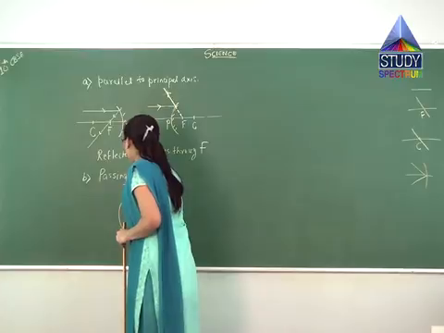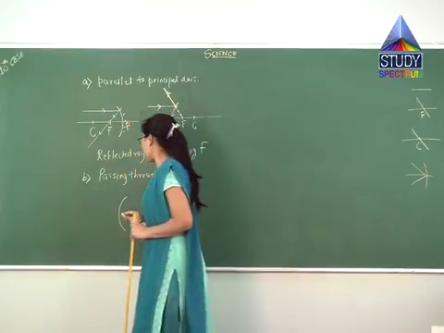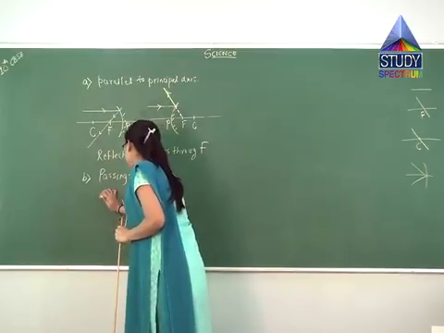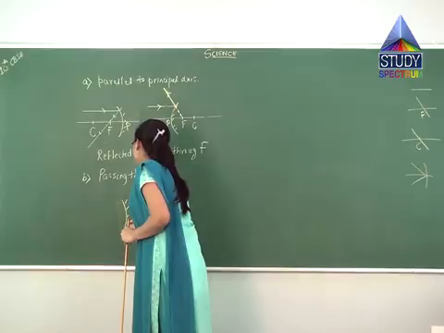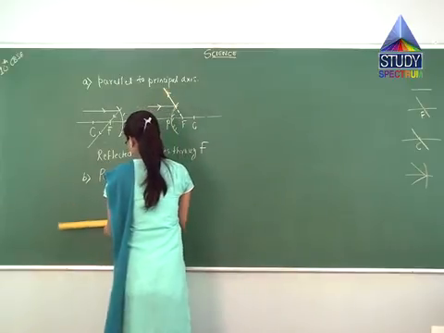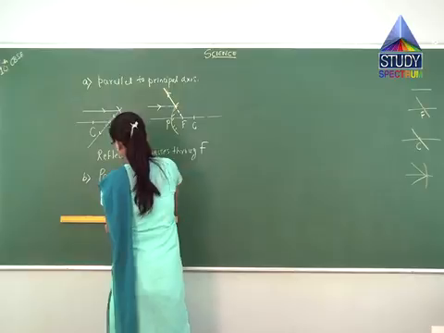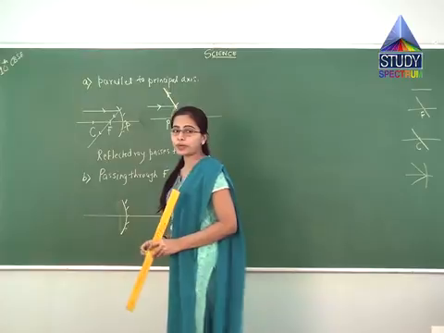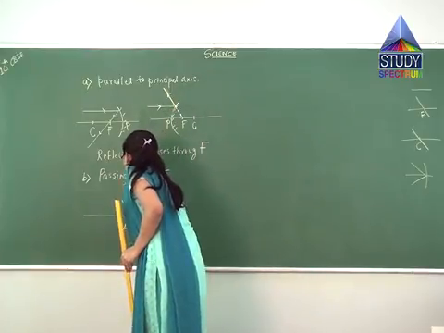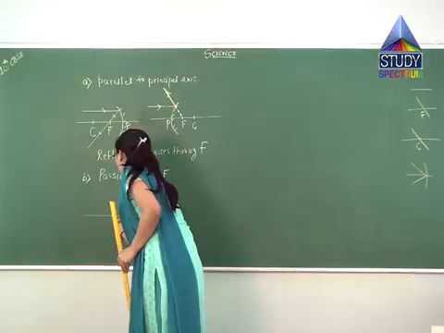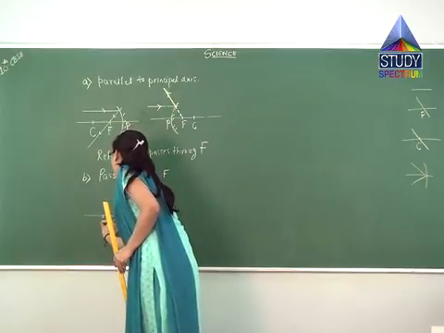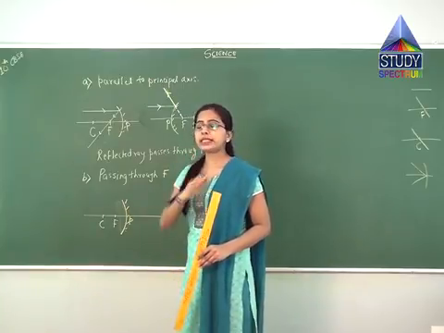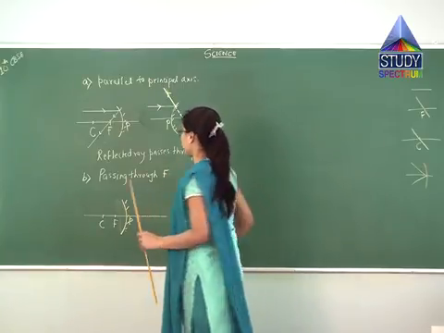Firstly I will show you for the concave mirror. So firstly I have a concave mirror. This is your principal axis, this is the pole, this is the principal focus, and this is the center of curvature. Now the condition is that your incident ray is passing through the focus.